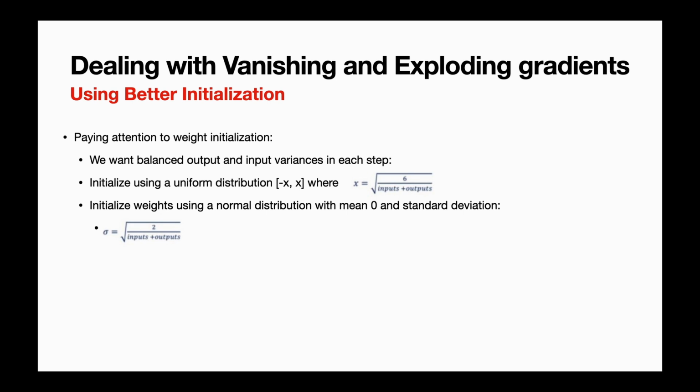The next one is, if we want to use a normal distribution, the standard deviation of that normal distribution should be related to the number of inputs and outputs. The more inputs and outputs you have in a layer, the smaller the standard deviation of that initialization for the weights should be.